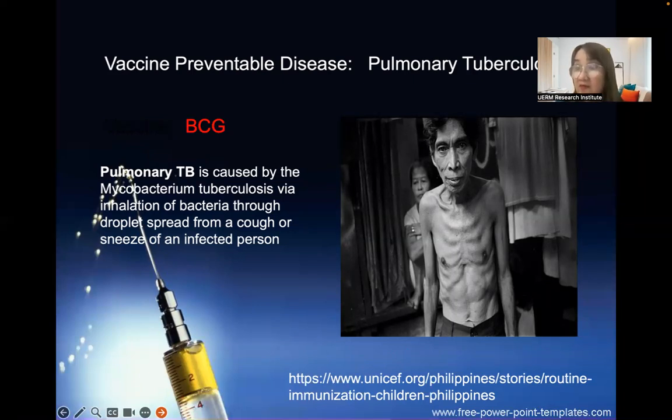TB is very difficult to treat when contracted, and treatment is lengthy and not always successful. According to the 2020 World Health Organization Global TB Report, the Philippines has the highest TB incidence rate in Asia with 554 cases for every 100,000 Filipinos.